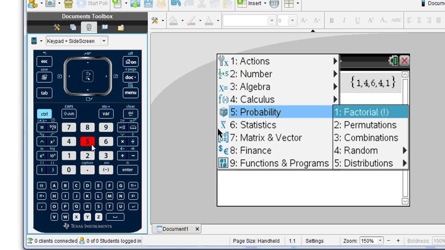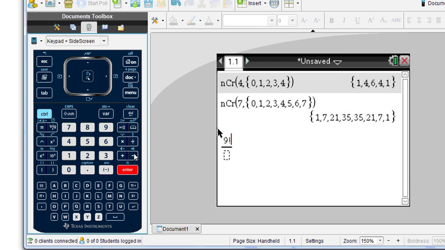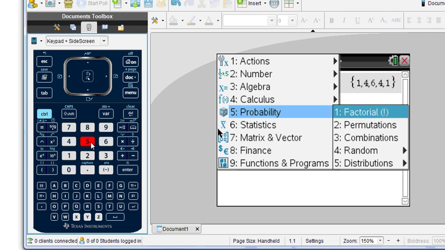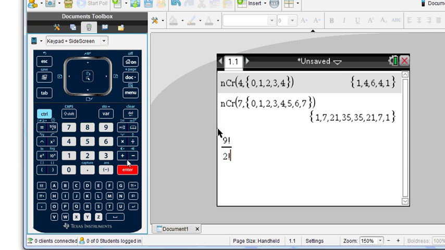So we have 9 factorial divided by 2 factorial times, we'll put parentheses, 9 minus 2, and we put factorial here, which is going to be 7 actually.